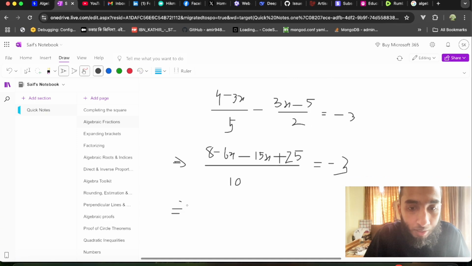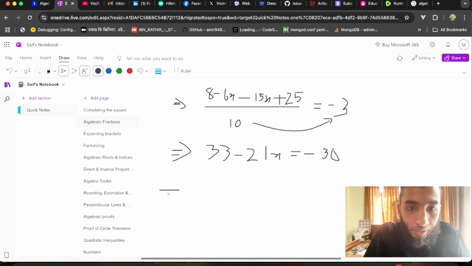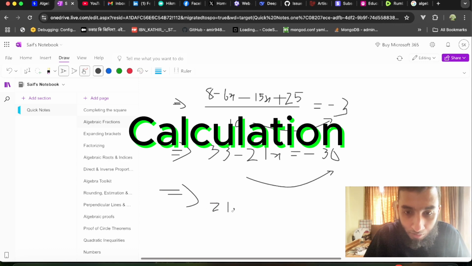Then I can do what? I can take 10 here and multiply. So I get what? Here 25 plus 8 is 33. So 33 minus 6x and 15x is 21x. So 33 minus 21x is minus 30. If I take 21x to this side, it would be plus. So 21x is what?